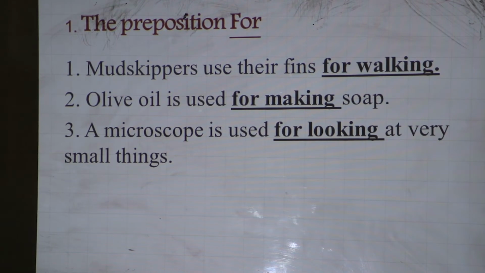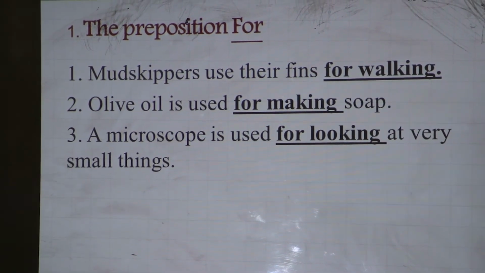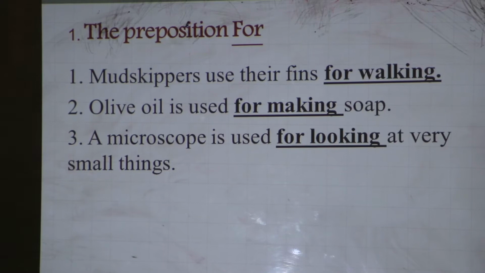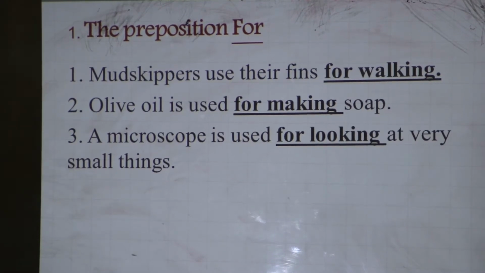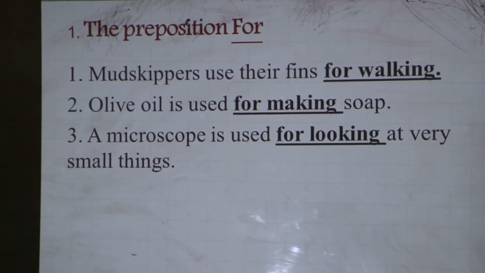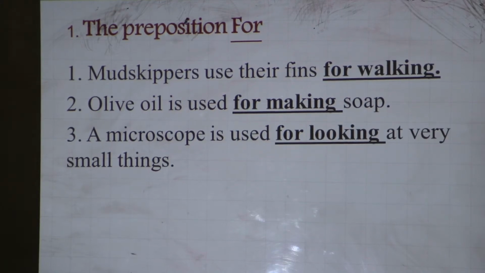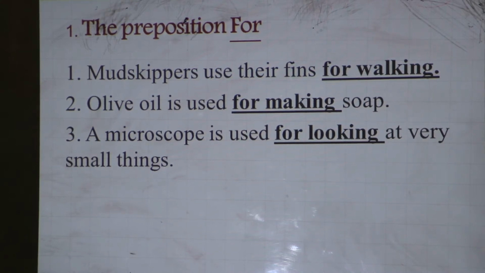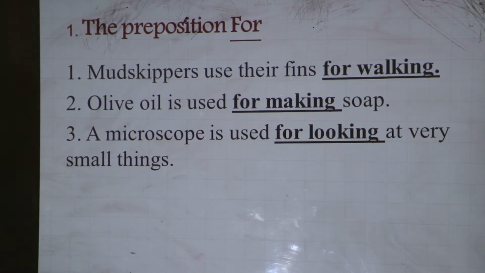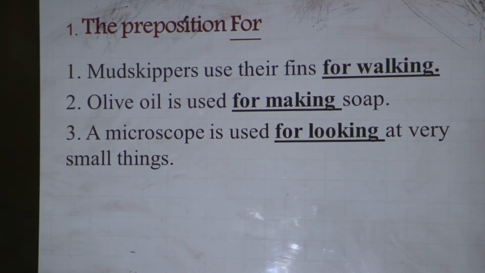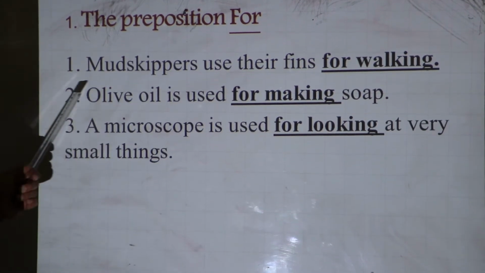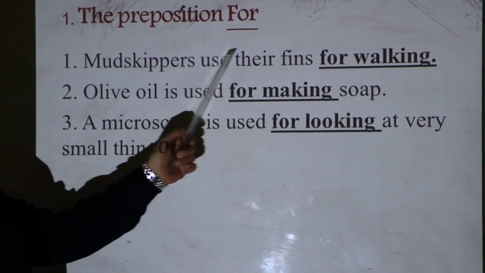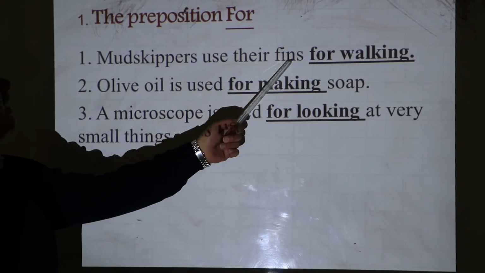Why do we use for? If you look at the first sentence, mud skippers use their fins for walking. If you want to ask a question, we say, why do mud skippers use their fins? The answer is for walking. So we are asking about the use, or the purpose of the fins.